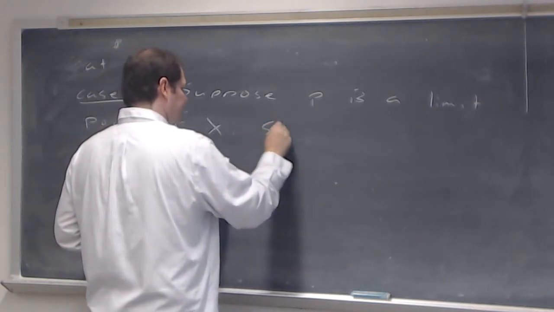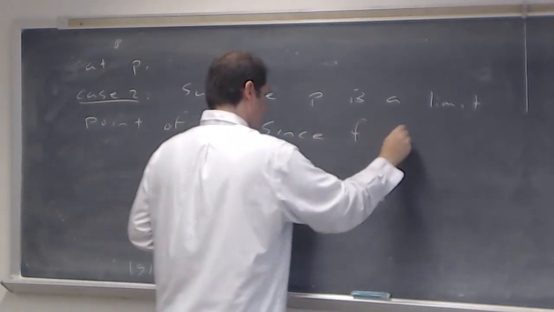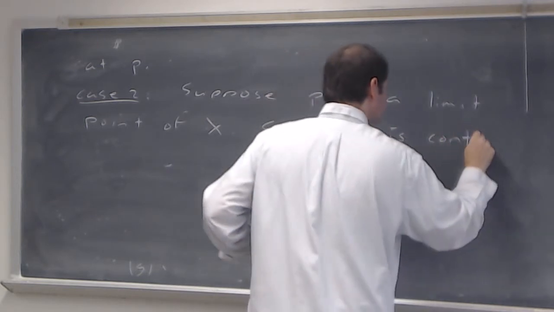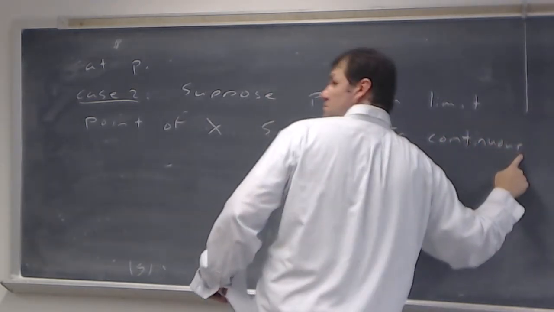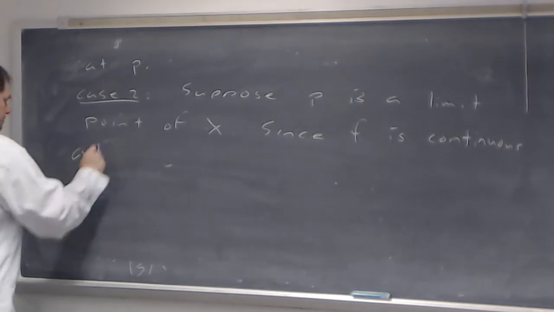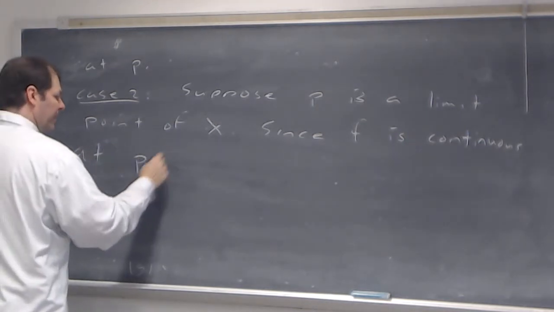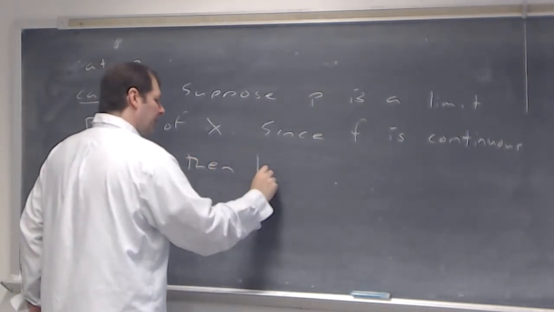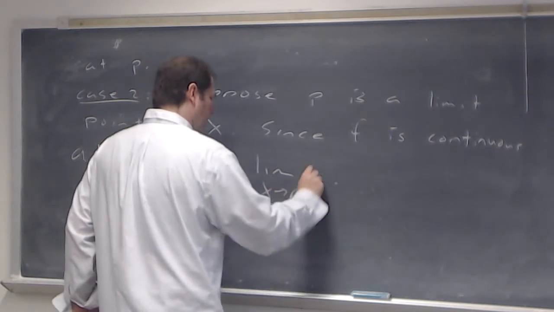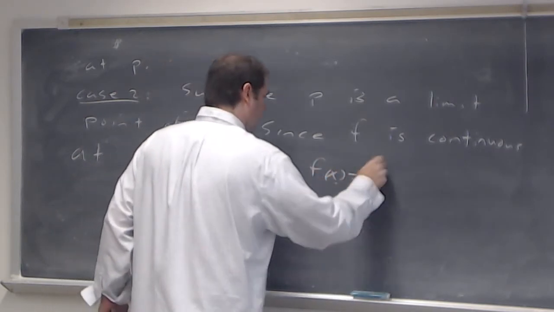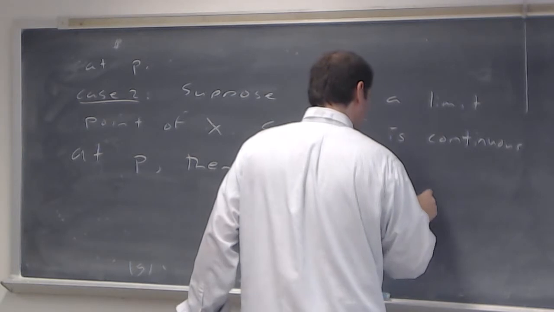So, since f is continuous at P, then the limit as x goes to P of f of x equals f of P by a previous result.